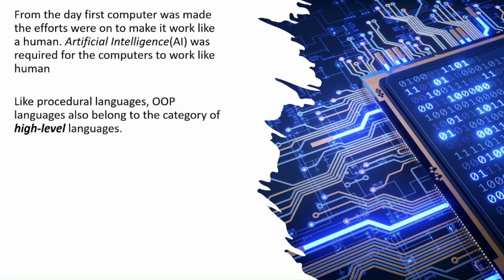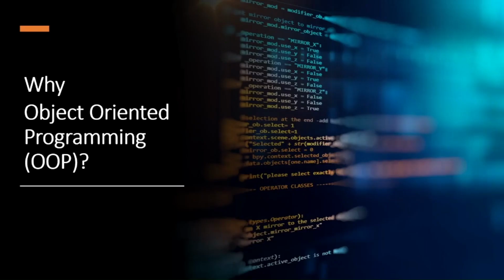So from the day the first computer was made, the idea was to make computer think and work like a human. And human intelligence led to artificial intelligence because it has to be created artificially. So procedural languages gave way to object oriented programming languages, and they basically, as I said earlier also, belong to the high level language only.